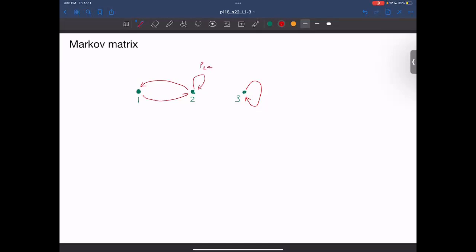Probability 2 goes to 2. Probability 3 goes to 3. Probability 1 goes to 2. Probability 2 goes to 1. Okay. There's some Markov matrix.